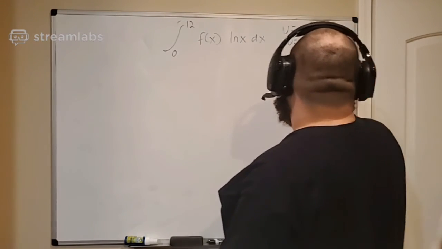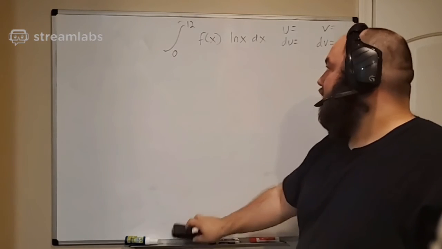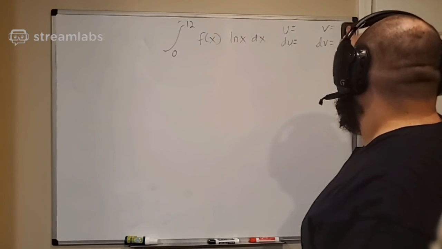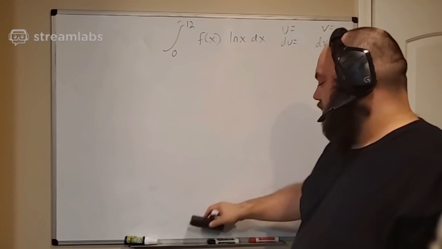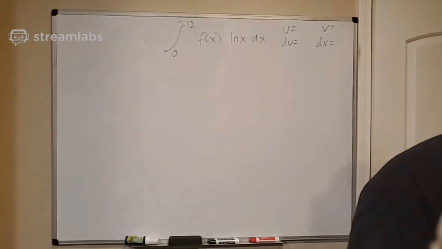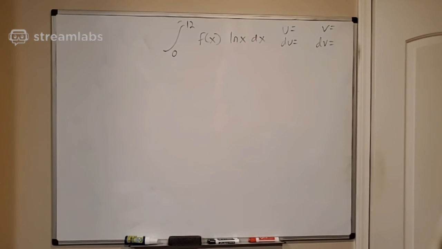I don't have my notebook out, but I think u was ln x and f of x was dv. So why would you make u ln x? That's the question.